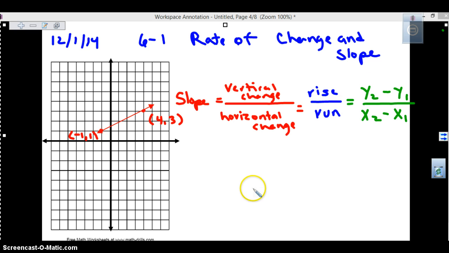So if we want to find the slope, we have to find the rise and the run. There are several ways we can find the slope. Because this is a graphed line, we can actually count and find our slope. So I went from one ordered pair to the other, and I can see that my rise, my vertical change from this point to this point, is 2.